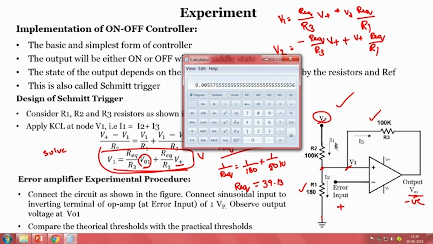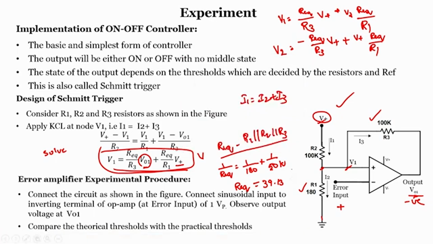The answer inverse will be R equivalent 179.35, approximately equal to 180 ohms. So, R equivalent is 180 ohms.